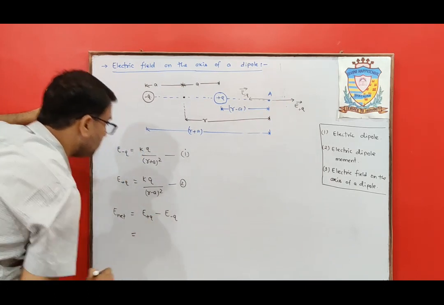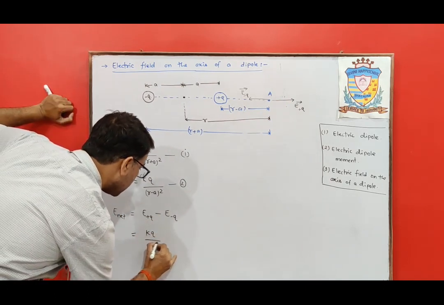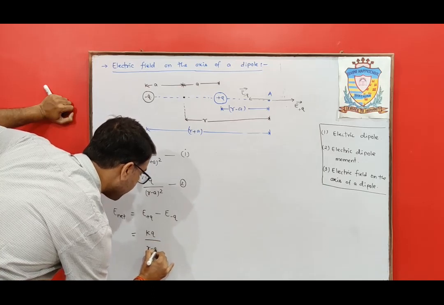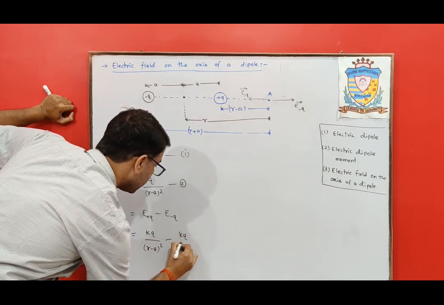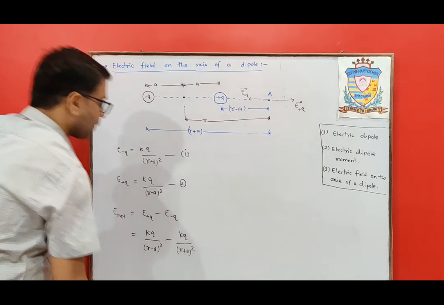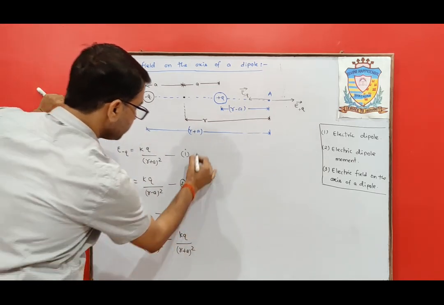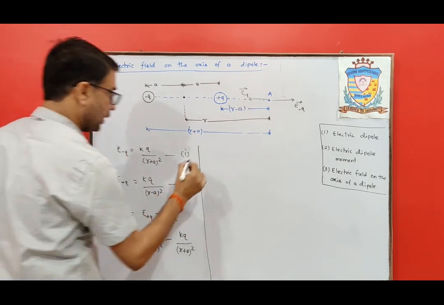Now the value of E plus Q is KQ upon (R minus a) whole square, minus KQ upon (R plus a) whole square.